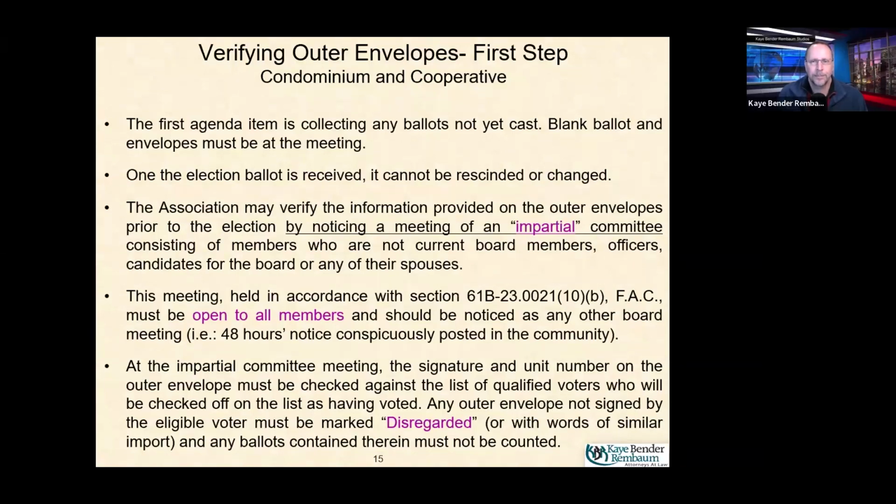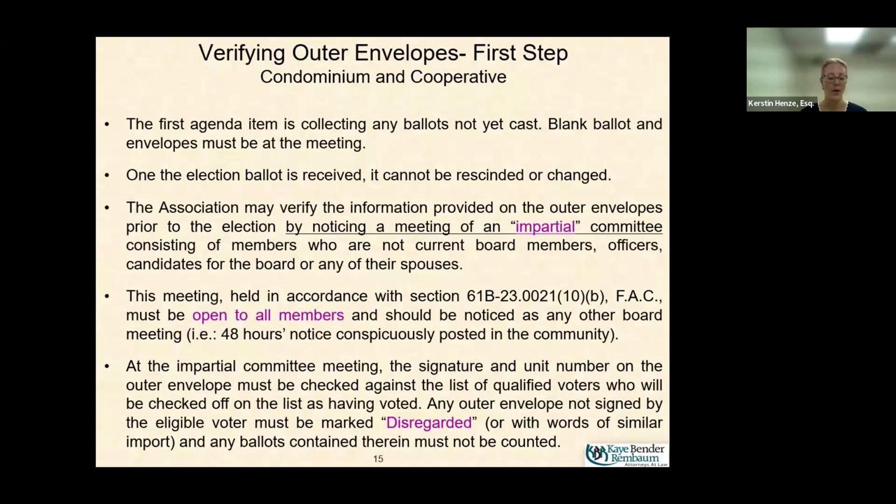Now, the verification of the outer envelopes consists of basically looking at the outer envelope and confirming that the owner's signature is on it and that there is a unit number. You're going to compare that to your roster that you'll have printed out that should contain the names of all the current owners.